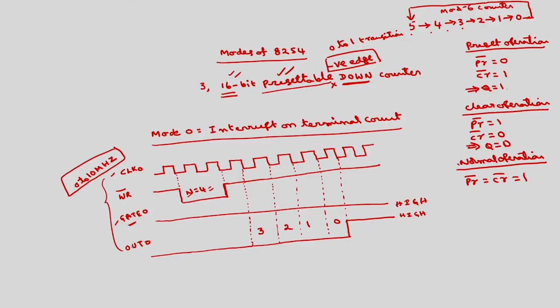So where will this particular mode 0 be useful? As the name implies, interrupt on terminal count. Once the count is over, I can interrupt the microprocessor. Basically this will be used to generate accurate time delays under software control.